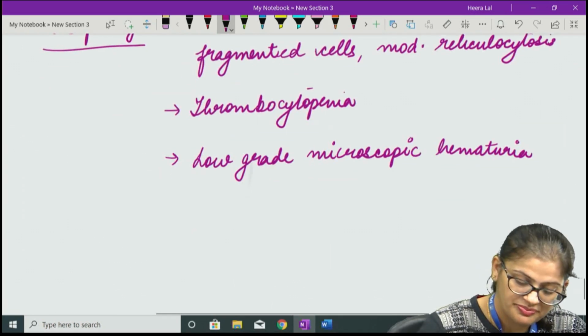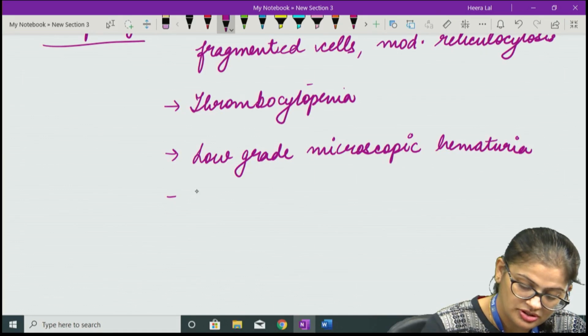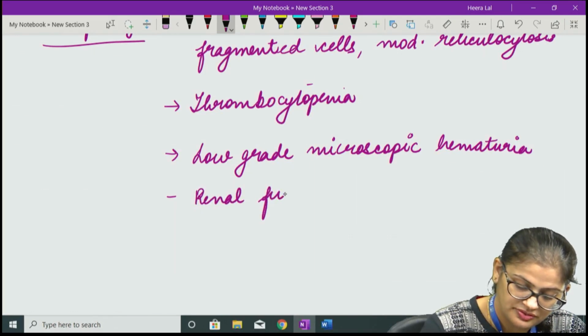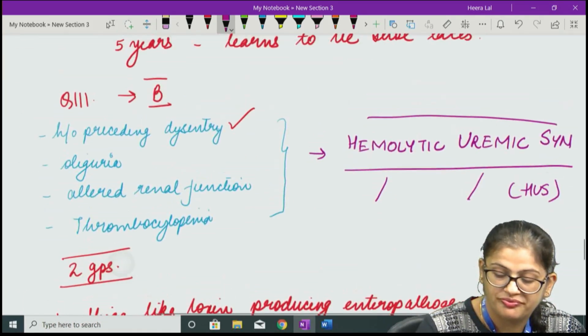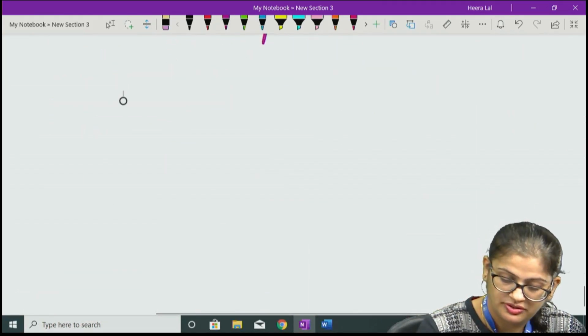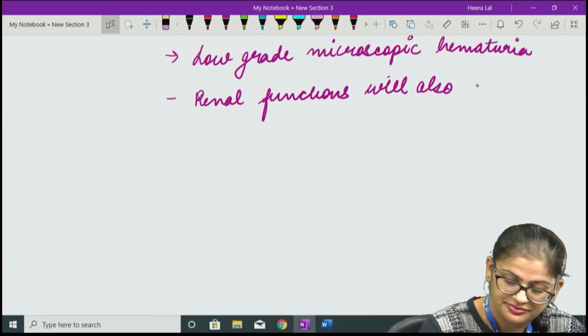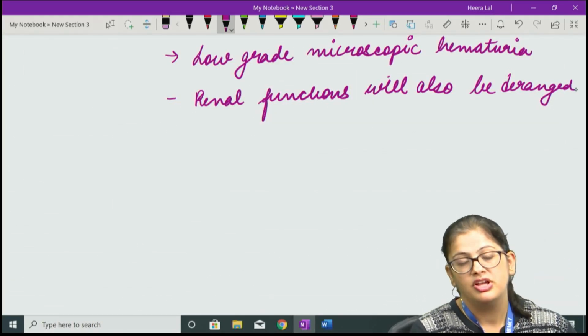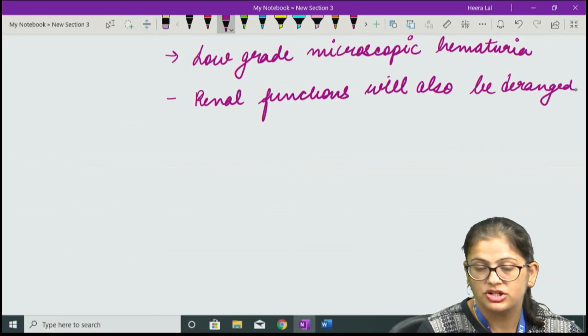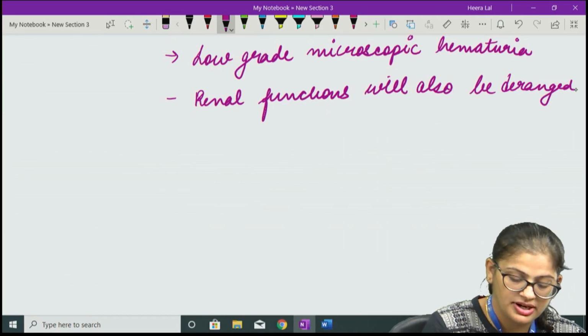Many a times the renal functions will also be deranged, because it's hemolytic uremic syndrome, like I had mentioned. Because of the renal failure they have a lot of fluid accumulation, which will also result in hypertension.